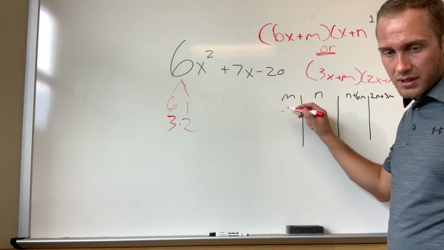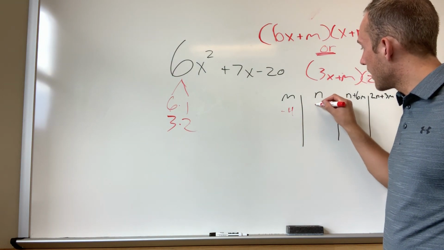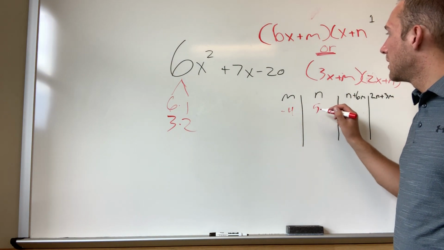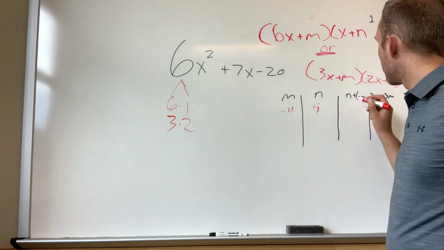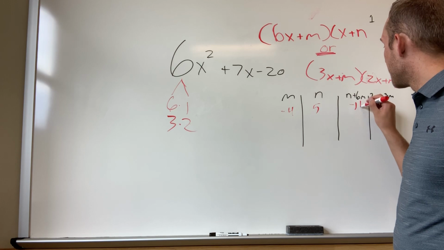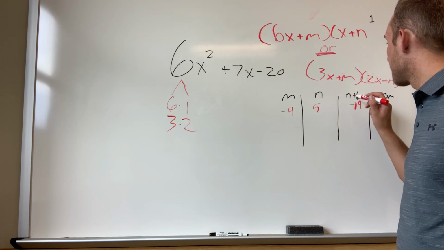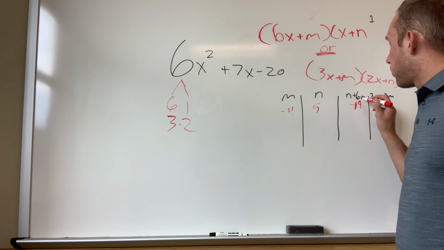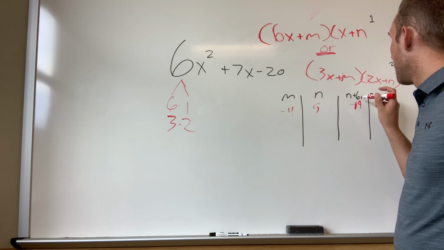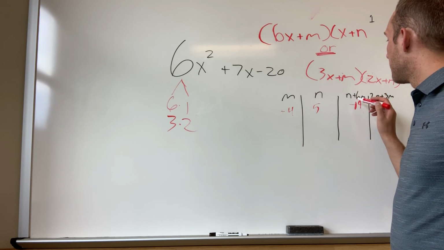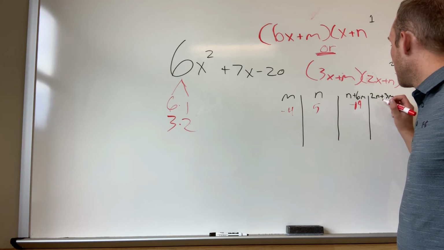All right, so -4 and 5. So let's use this example. That equals -20, but plugging in here it is only equal to -19, because that's -24 plus 5, which is -19.